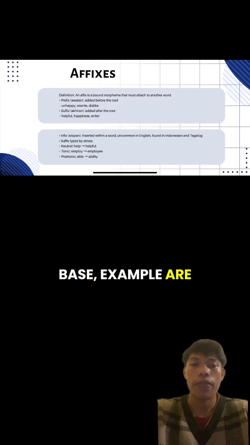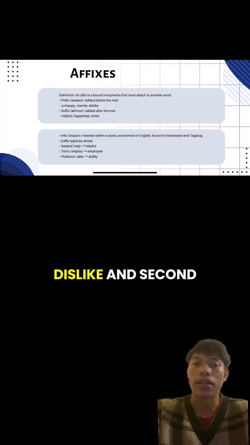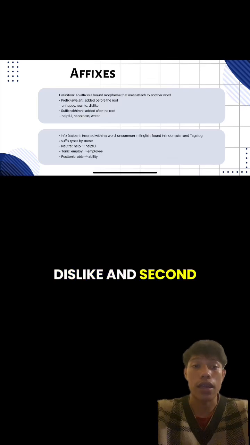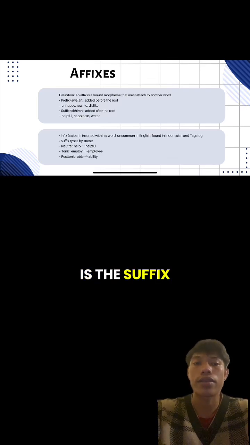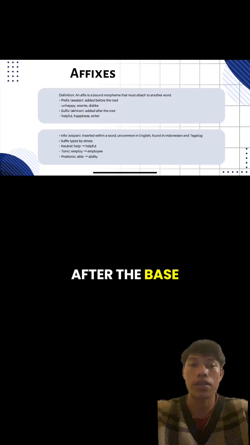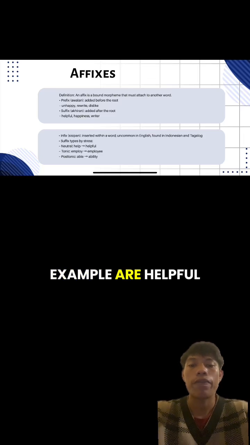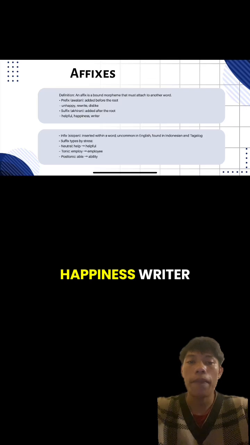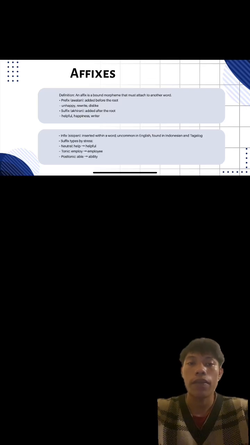Examples are unhappy, rewrite, dislike. And second is the suffix, which is added after the base. Examples are helpful, happiness, writer.